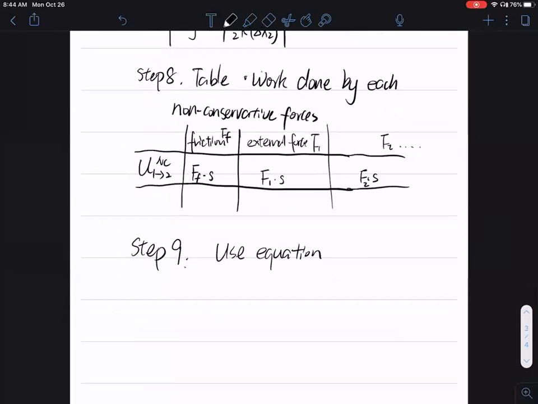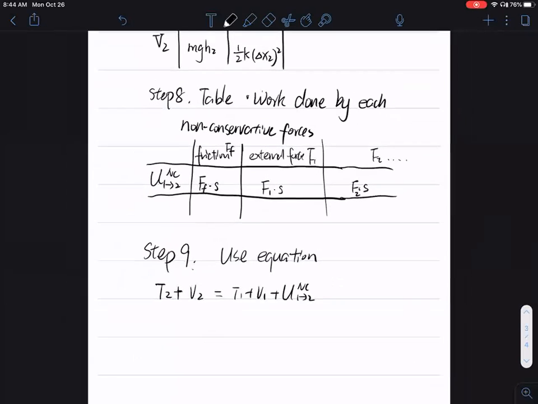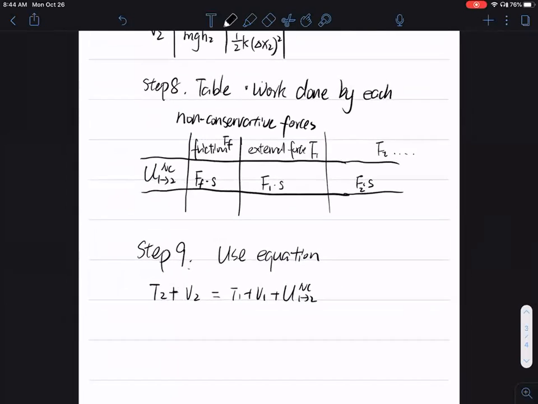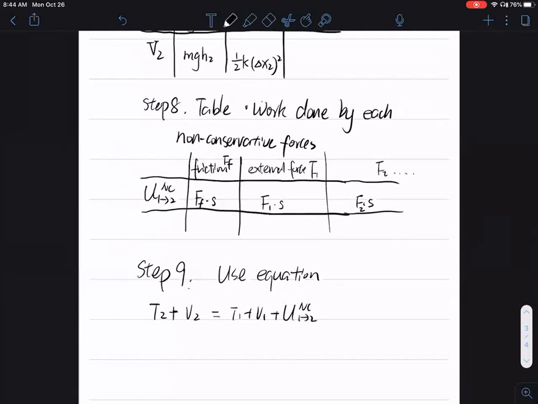Use the equation T2 plus V2 equals T1 plus V1 plus U1 to 2 nc. Now you need to assemble everything from your table into this equation.